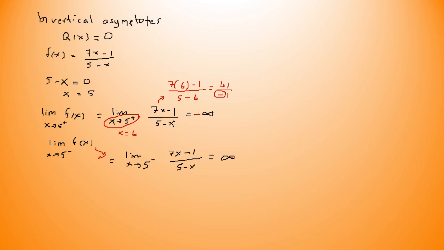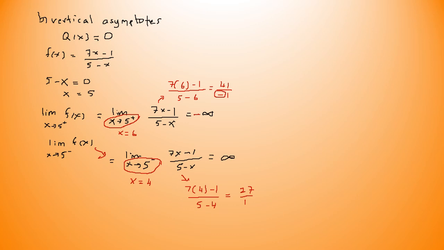As x approaches 5 from the left, the value of x is before 5, for example x equal to 4. We substitute into our function: 7 multiplied by 4 - 1 over 5 - 4, which equals 27 over 1.